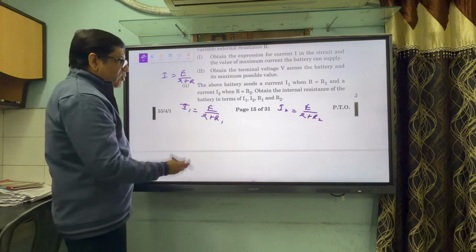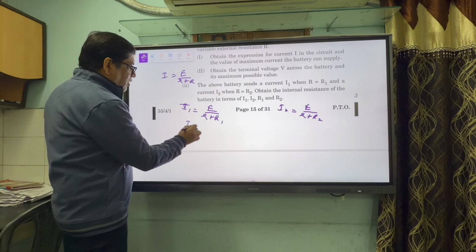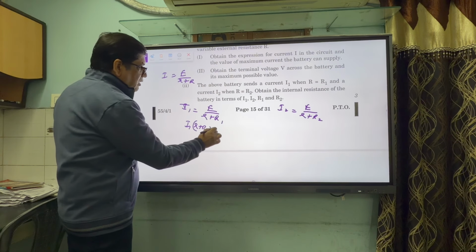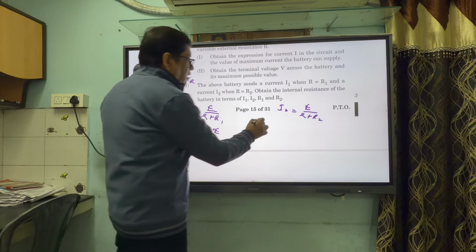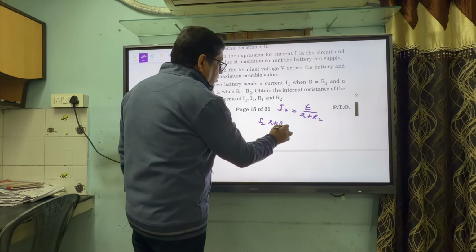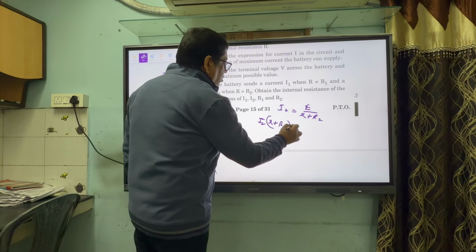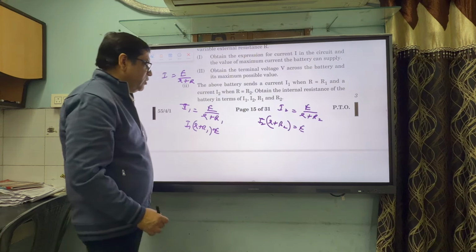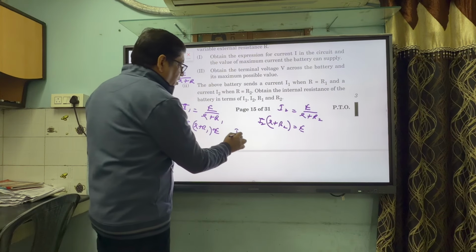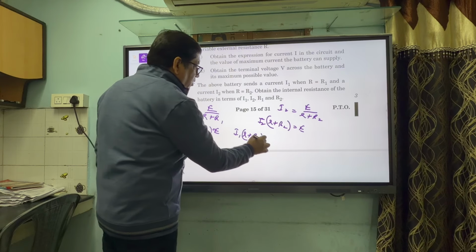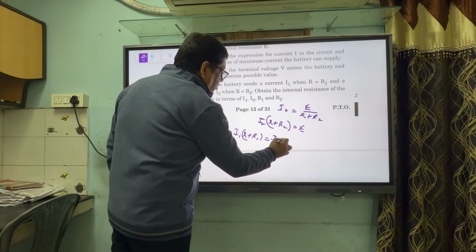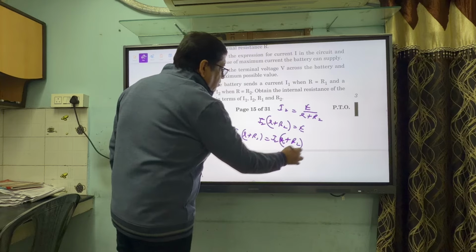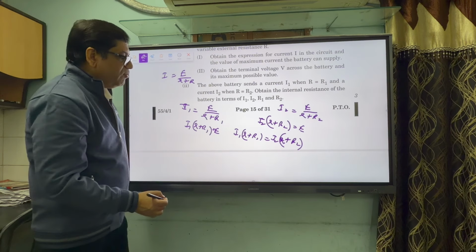So we can equate the values of E. It becomes I1 times (r plus R1) equal to E, and I2 times (r plus R2) is equal to E. Equate both values of E. I1 (r plus R1) equals I2 (r plus R2). Open the brackets and solve.